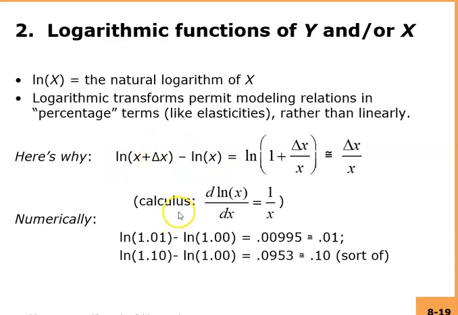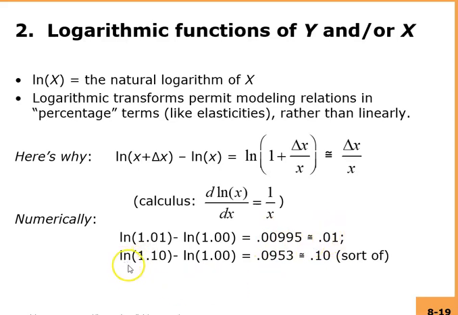If you put that into a practical example, if you take ln 1.01 and subtract ln of 1 from it, what does that mean? It would mean that the change in x is equal to 0.01 and the initial value of x is equal to 1. So this should be equal to 0.01 divided by 1, and it is kind of equal to that. Not exactly, but for a rough idea, it is equal to 0.01.